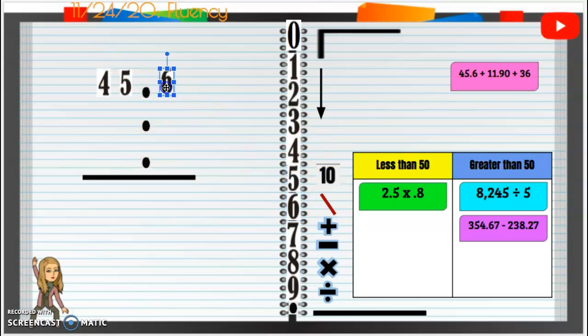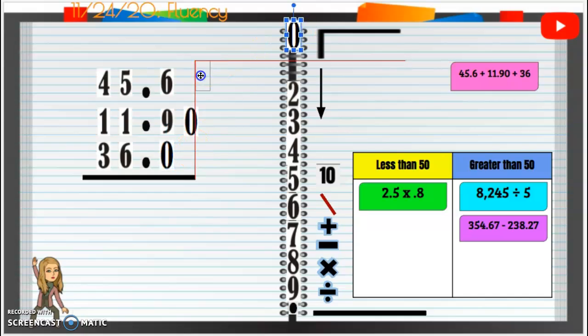There we go. 11 and 90 hundredths. Probably need to make more zeros. Oh, there, perfect. And then plus 36. 36 is a whole number, so that means it's going to go in front of the decimal. We can put zeros as placeholders here if you would like to. Same thing with that 6 up here.